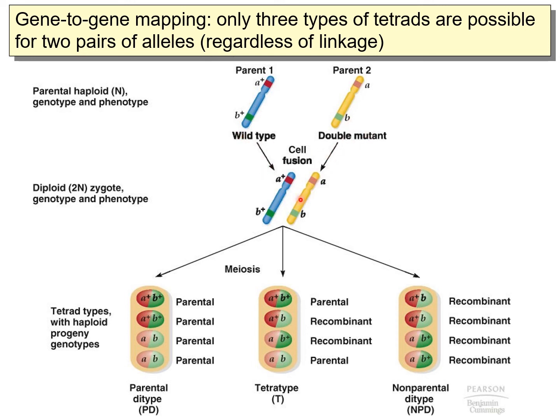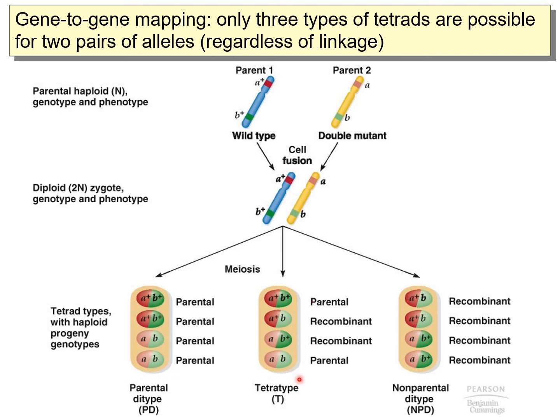Now the fusion between these two cells takes place. It will result in formation of the diploid zygote. Now it will undergo meiosis. After meiosis, there are three possibilities. We may get the parental ditype, I mean, without crossover, it may result in tetrad types with haploid progeny genotypes similar to the parental types.